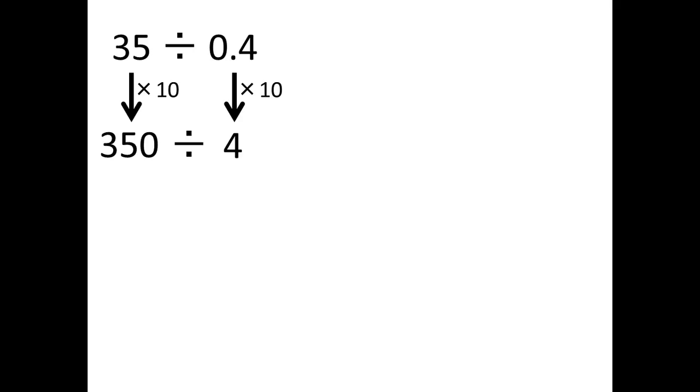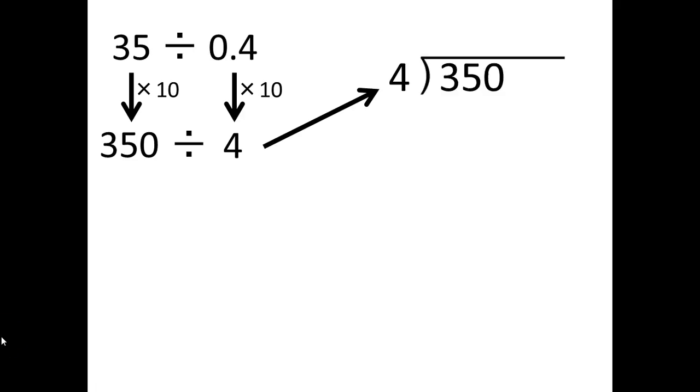Now, just like we did with the previous question, I'll rewrite this number sentence into vertical form. And then I'm going to be asking the same kind of questions to myself to find out the quotient to this problem.